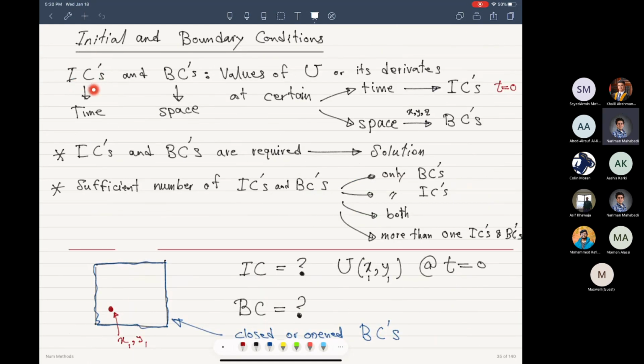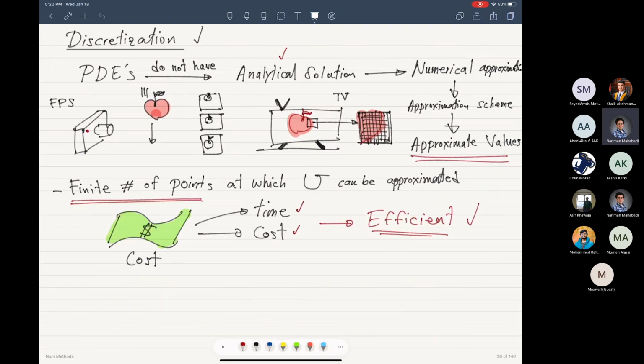We talked about the initial condition and the boundary condition, and I think this was the last slide where I stopped. It's really about the foundation of a finite difference method simulation, which is discretization: how we need to discretize a system to approximate our unknown function along a finite number of points.